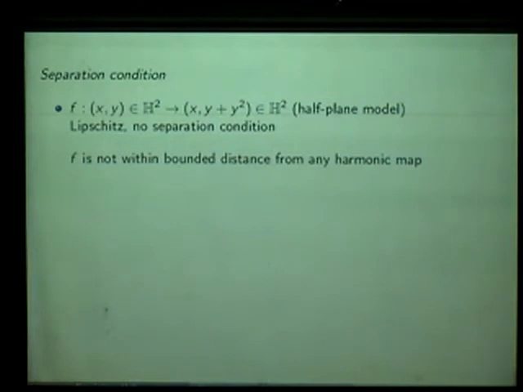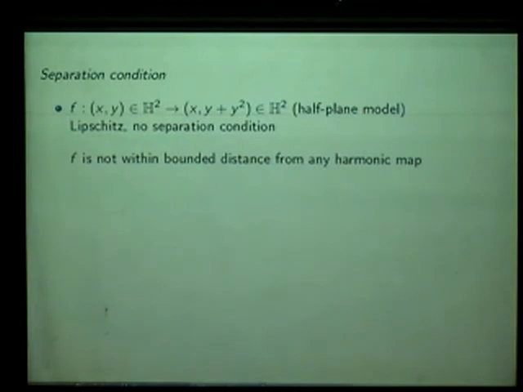Due to the mean value property, you cannot find a harmonic function from R to R which is close to 2x when x is large negative and which is close to x when x is large positive. So this is the same stuff.